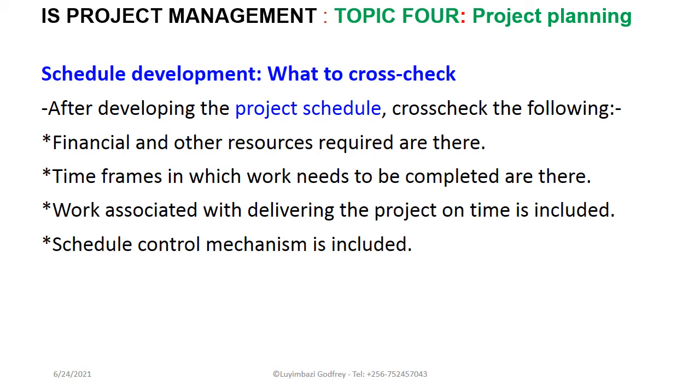So any changes that we may desire to make in our project, we follow that schedule control mechanism. We should also know which paperwork we need to do in order to effect the changes that we may need to effect in our project. We need to know who is authorized to approve any changes to the project scope or any other changes.